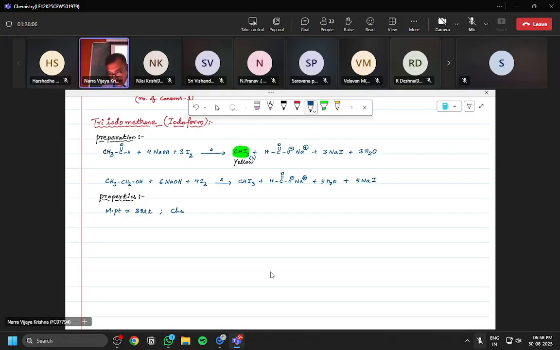It has a characteristic unpleasant pungent smell. It is insoluble in water, but readily soluble in organic solvents.